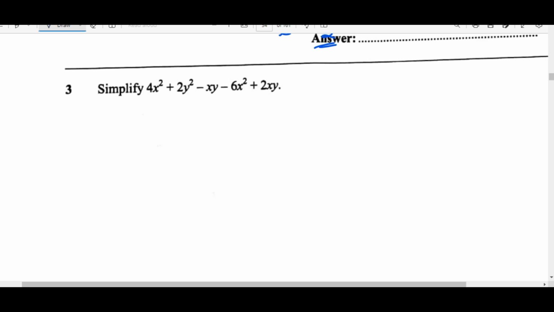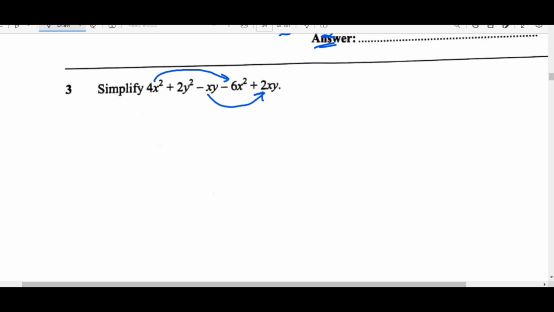Here the first thing that you have to do is identify the like terms. Do we have like terms? Yes. This one and this one, and also this one and this one. So you collect the like terms.